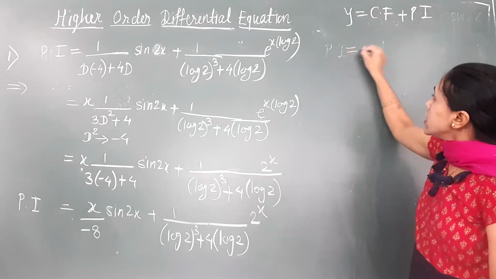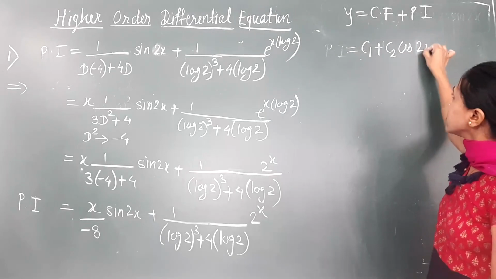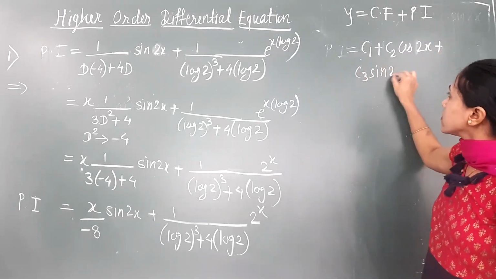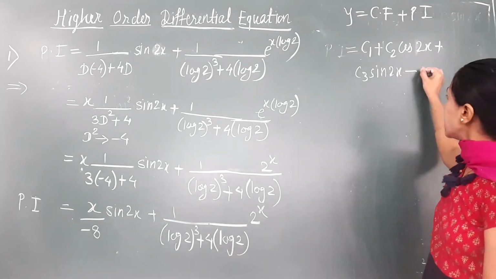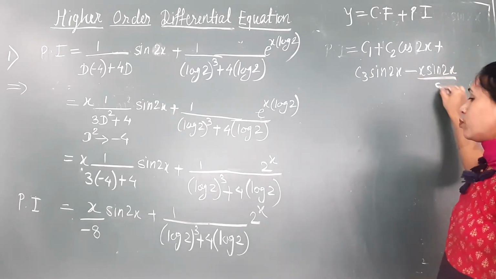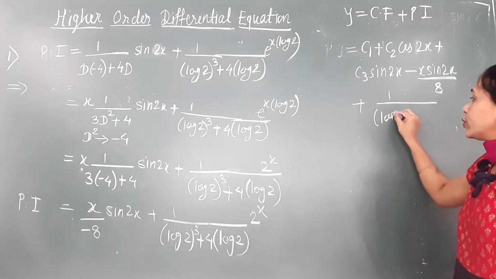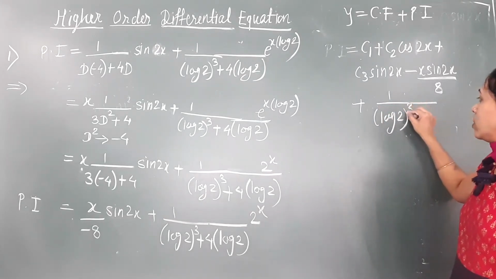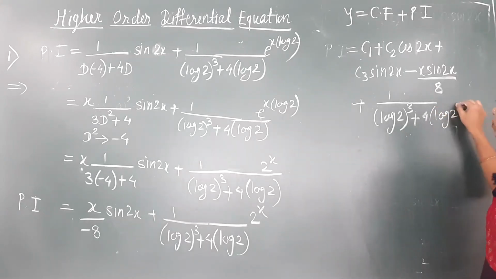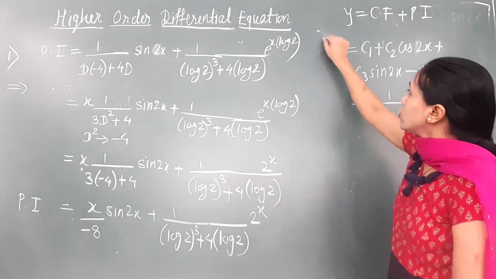CF is C1 plus C2 cos 2x plus C3 sin 2x, minus x sin 2x divided by 8, plus 1 upon log 2 whole cube plus 4 multiplied by log of 2 multiplied by 2 to the power x, and this is our final solution y.